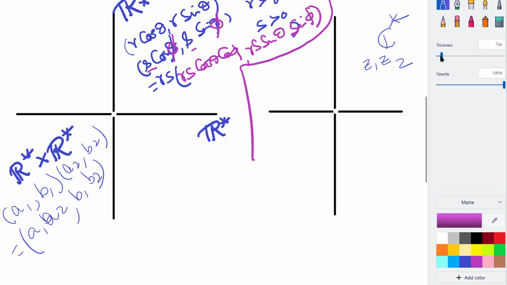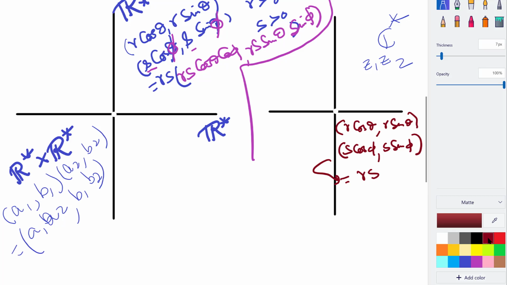Now in this case, what happens? If you look at two such elements, say r cosine theta, r sine theta, and then s cosine phi, s sine phi, then if you multiply them, what happens when we apply the complex multiplication instead of that coordinate-wise multiplication?